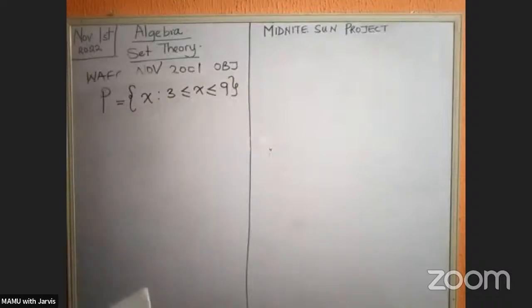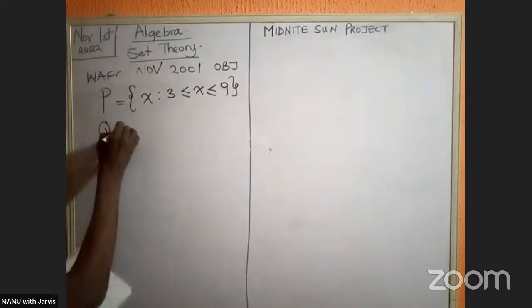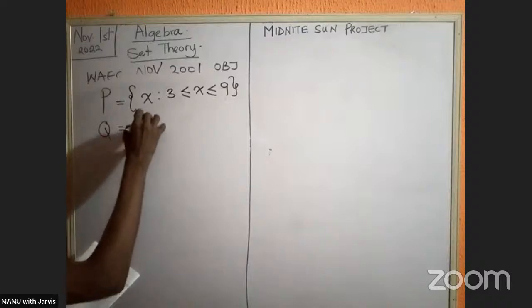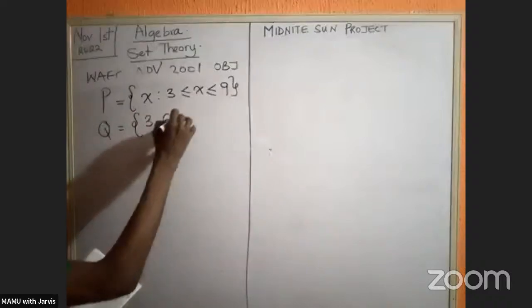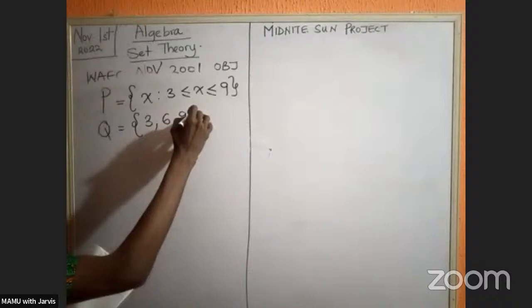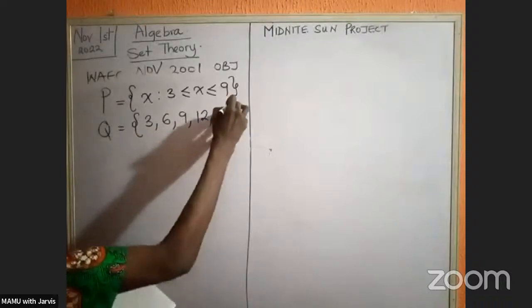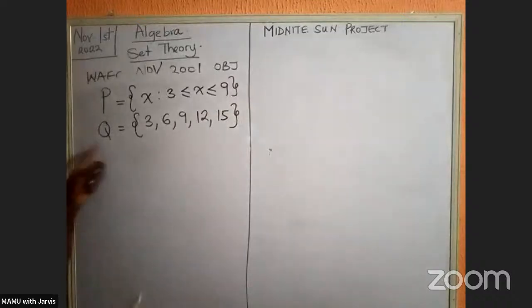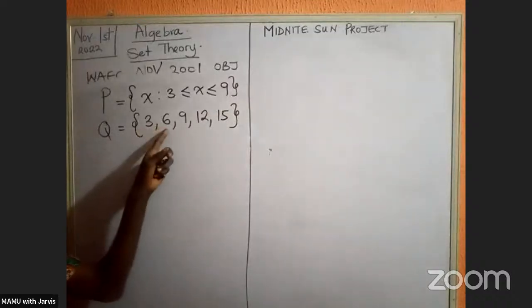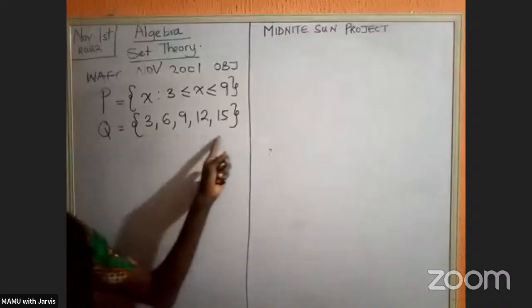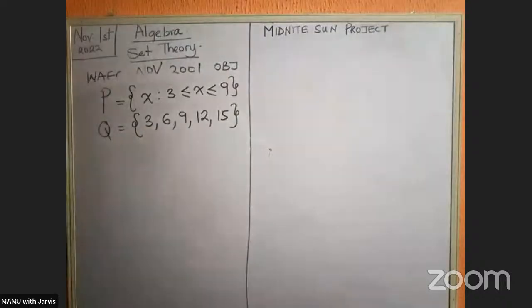We are told that Q is 3, 6, 9, 12, and 15. What that means is that Q is multiples of 3. There's a pattern there.